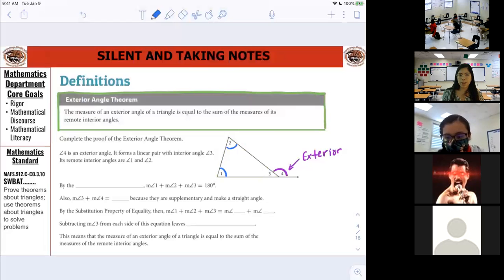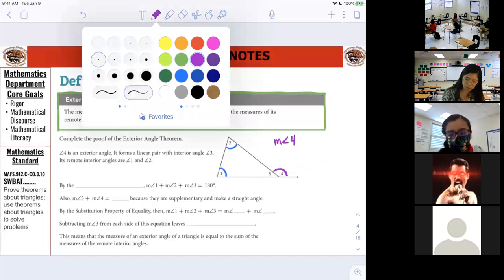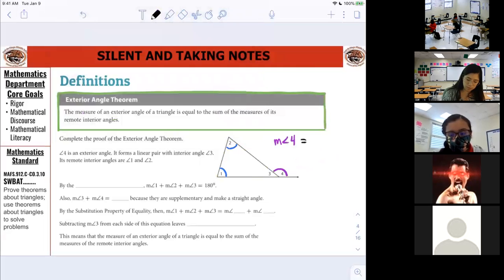The measure of an exterior angle is equal to the sum of the measures of the remote interior angles. So this is telling me that the measure of angle 4 is going to be equal to the measure of angle 1 plus the measure of angle 2. So basically 1 plus 2 will be 4.